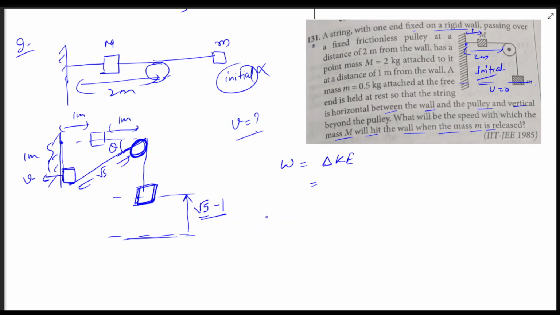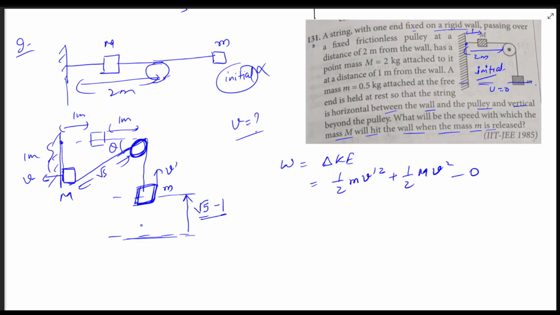Initially everything is at rest. Finally, let's suppose it has v dash speed, so we will have half small m v dash square plus half capital M v square. So this is small m and this is capital M. Minus 0, initially they were at rest.